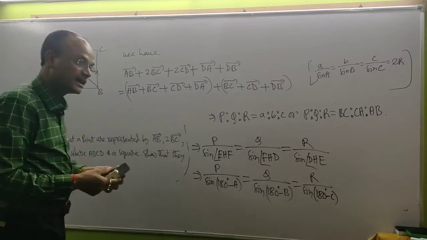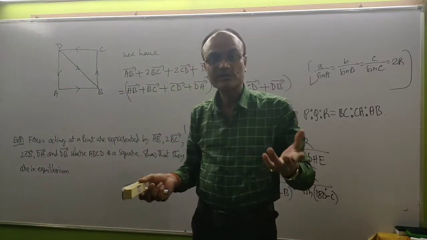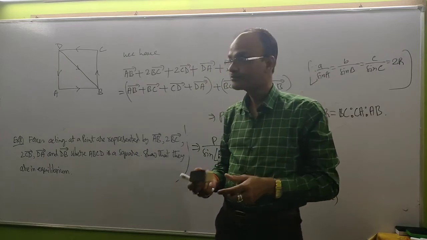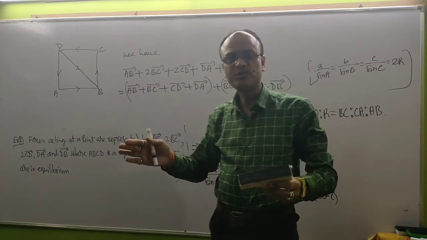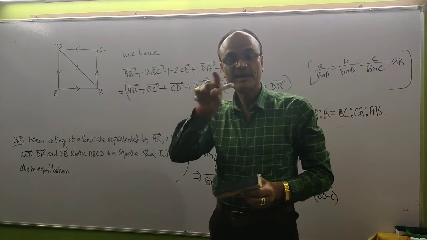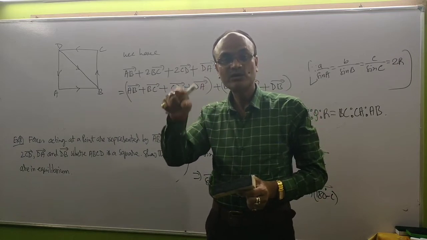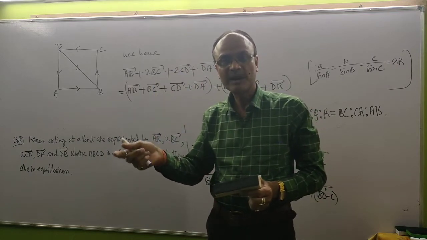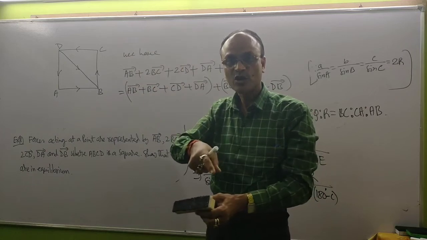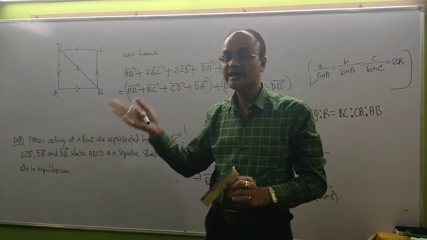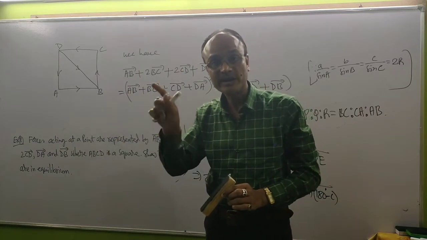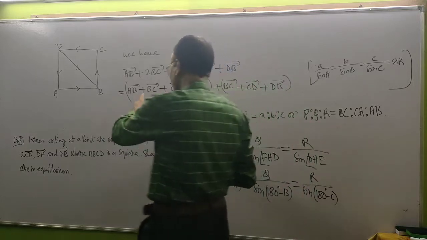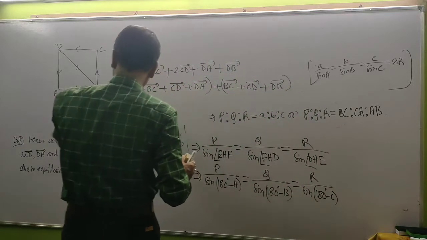Now, law of polygonal forces. What is law of polygonal forces? If a number of forces acting at a point be represented in magnitude and direction by the sides of a closed polygon taken in order, then the forces will be in equilibrium. Now, you see, AB, BC, CD, DA.